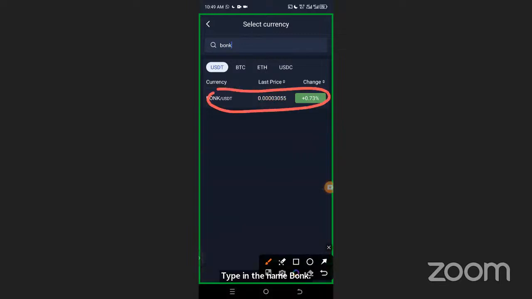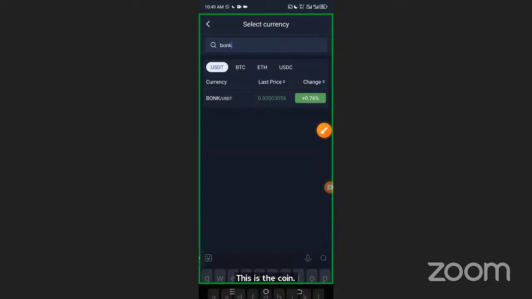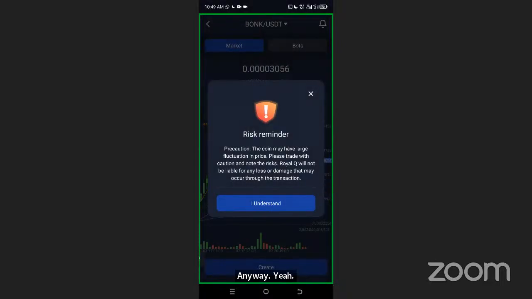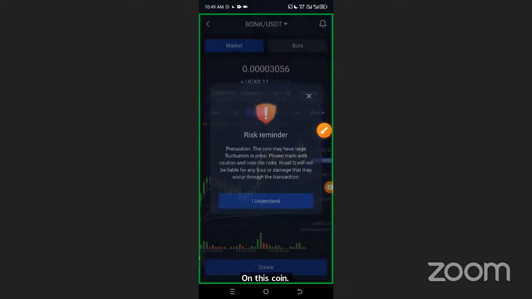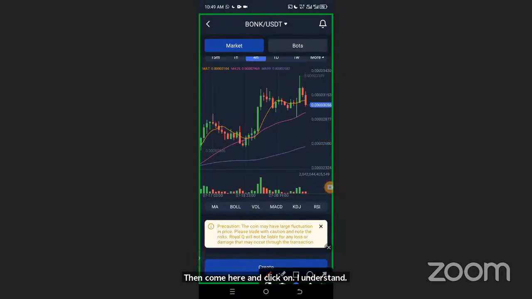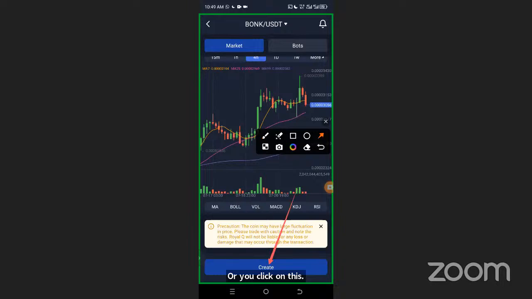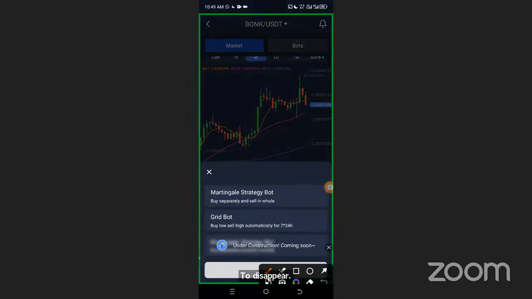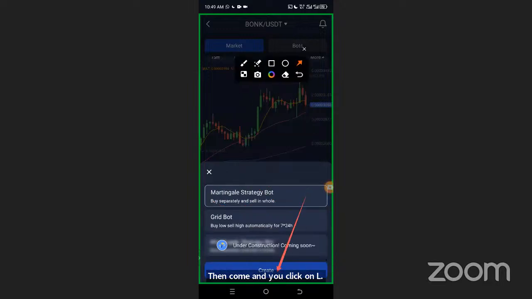This is the coin. Click anywhere on this coin. Then come here and click on I understand, or you click on this X to disappear. Come down here. You click on create. Then come and you click on martingale. Then you click on create down here.